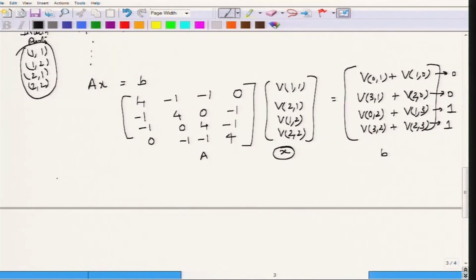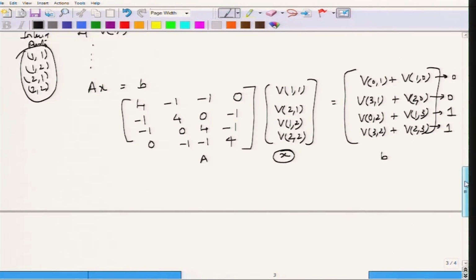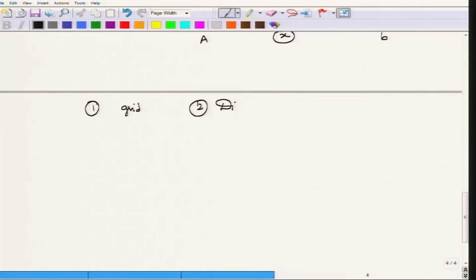So, to summarize, there are three main steps for numerically solving Laplace equation using finite difference method. First is to define a grid, second is to discretize the del square V equal to 0 expression, and finally you will assemble and solve the resulting matrix equations to obtain V of x y.